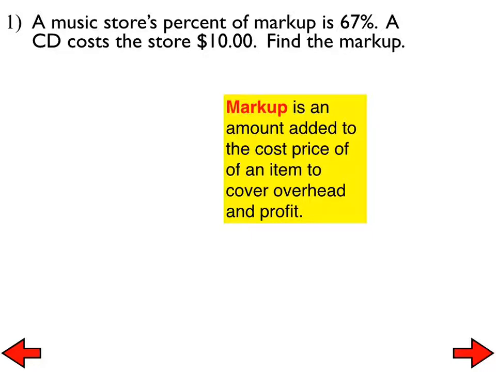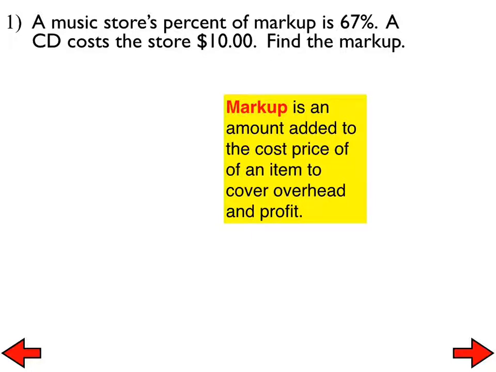That's how they make money. So they raise the price. That's what a markup is. It's an amount added to the cost price of an item to cover overhead. Overhead means things like employees, and to make sure that they make a profit. It's taking an amount and moving it up, or adding an amount to it. Okay? And I believe you have a spot in your notes where you're supposed to fill that in.